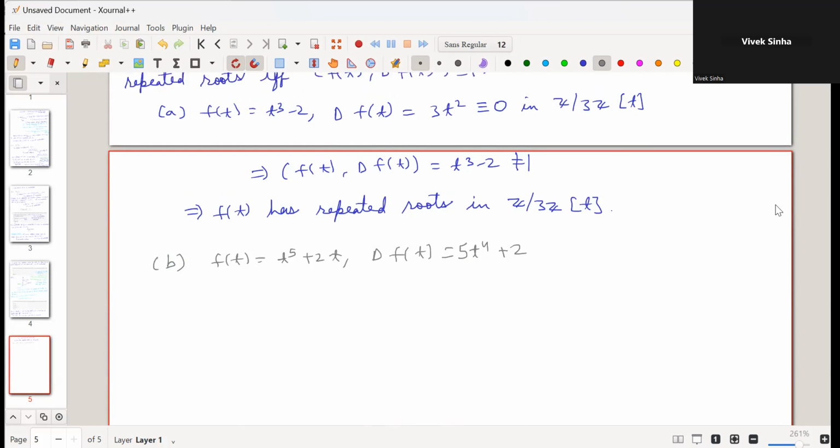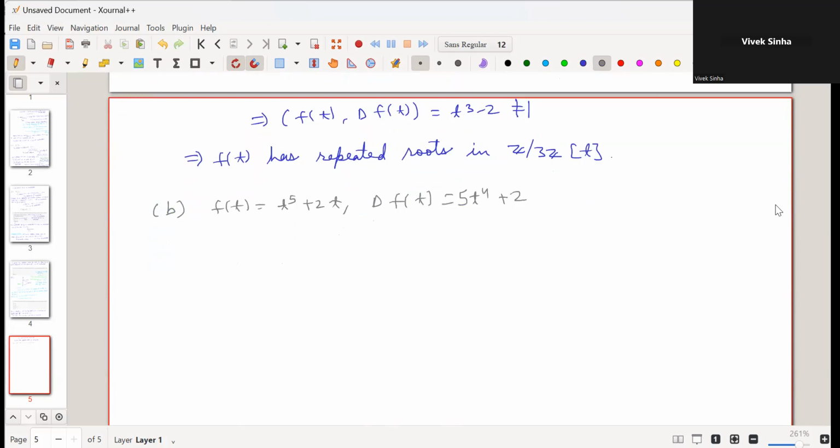So why is it the case? You should divide and then see whether they have a common factor or not. One way is this.